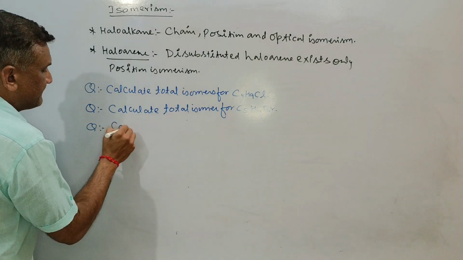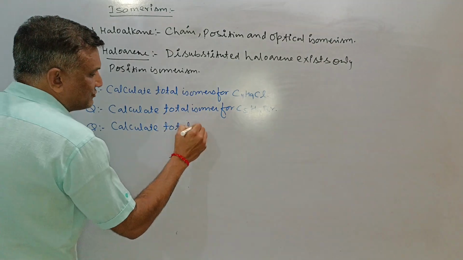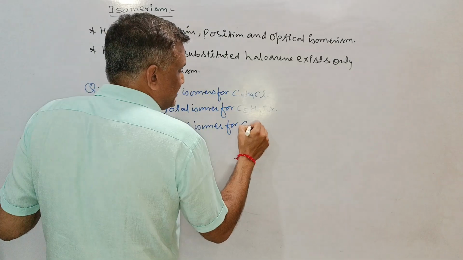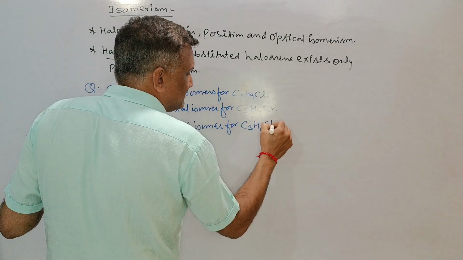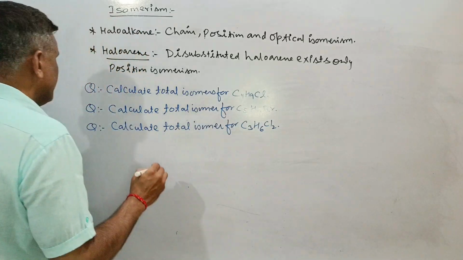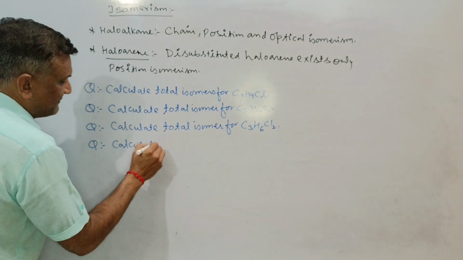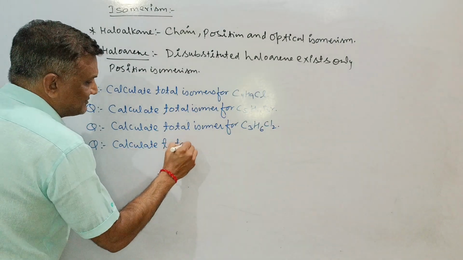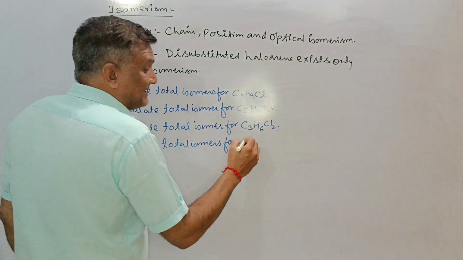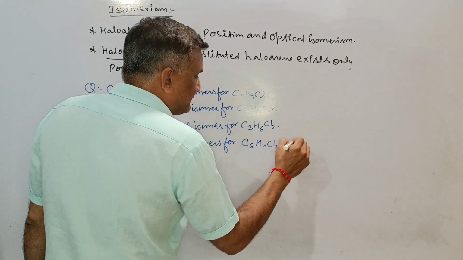Third question: calculate total isomers for C3H6Cl2, a dihalide because there are two halogen atoms. Question number 4: calculate total isomers for C6H4Cl2.